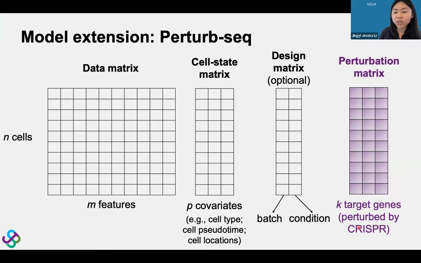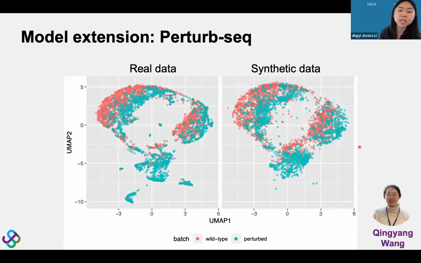You have targeted genes designed by the experiment, and we can extend our model to allow for estimation of perturbation effect. And I think for this case, maybe some causal inference problems can be asked. And this is our preliminary result, led by my student Qing Yang. That is, we have some promising results showing that our synthetic data can roughly mimic real data.